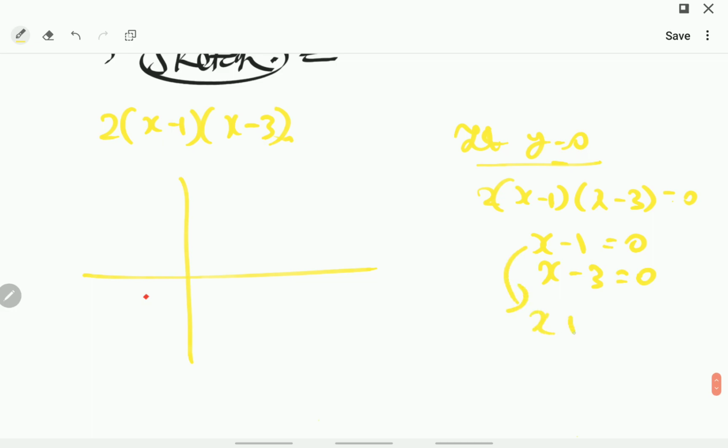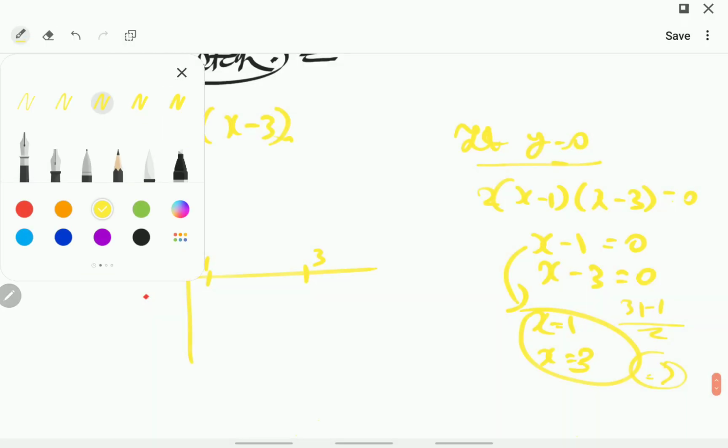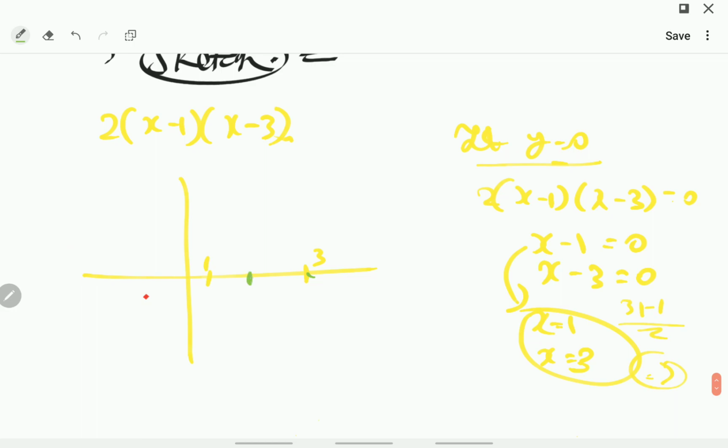So x is equal to 1 or x is equal to 3. So that is our x-intercepts. Let's label that 1 and then 3. We know the midpoint is 3 plus 1 over 2, which is just 2, because 4 divided by 2 is just 2. And we know the axis of symmetry is also going to lie there. So x is equal to 2.